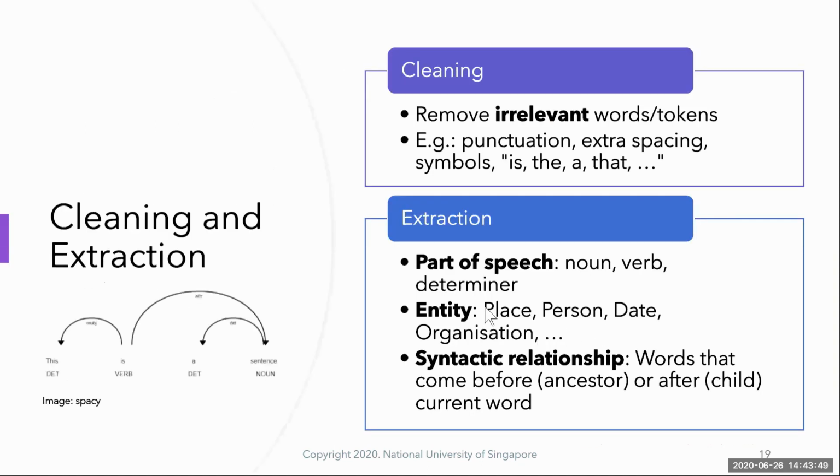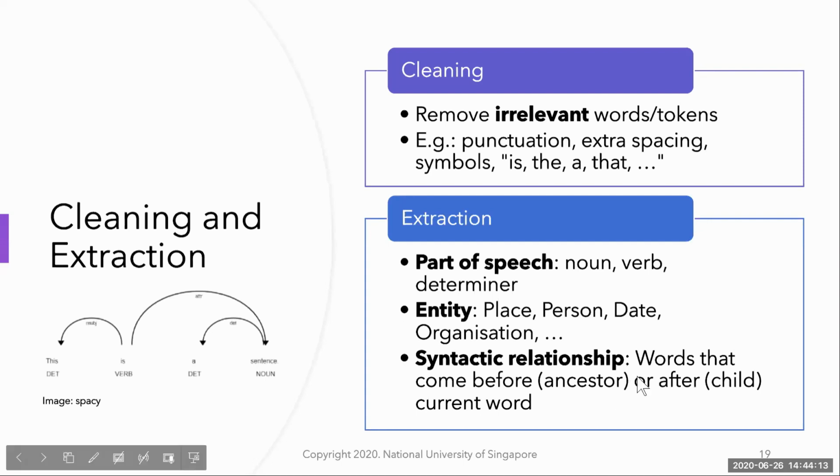If you are writing a chatbot trying to find out whether the customer is asking about his credit card or wanting to talk to customer service, you need to identify the noun, and then check if the noun is about a credit card or about customer service.